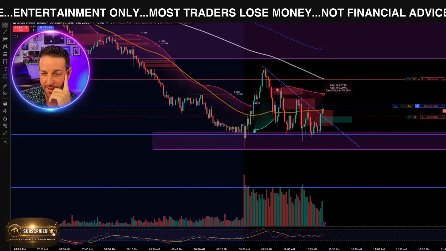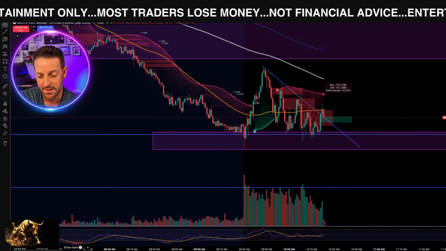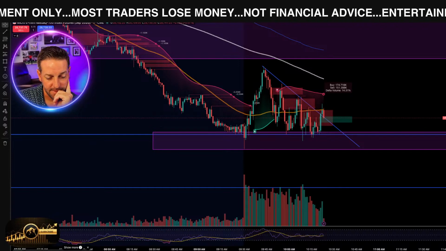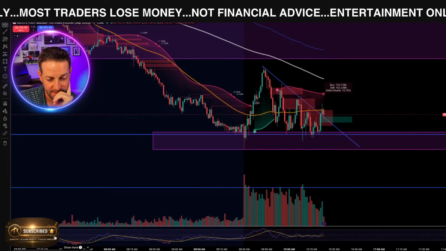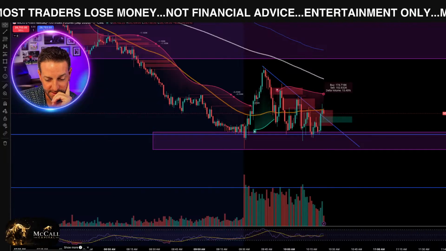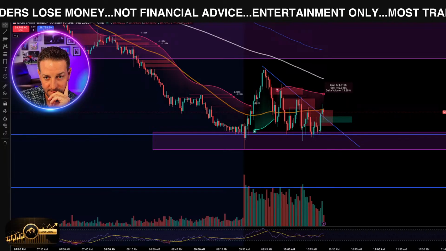There could be some big candles coming here and I could get absolutely destroyed. Yeah, there we go. There's a loser. Those big candles are tough, man. 250 on that trade down. I still like the long play though, to be honest with you.